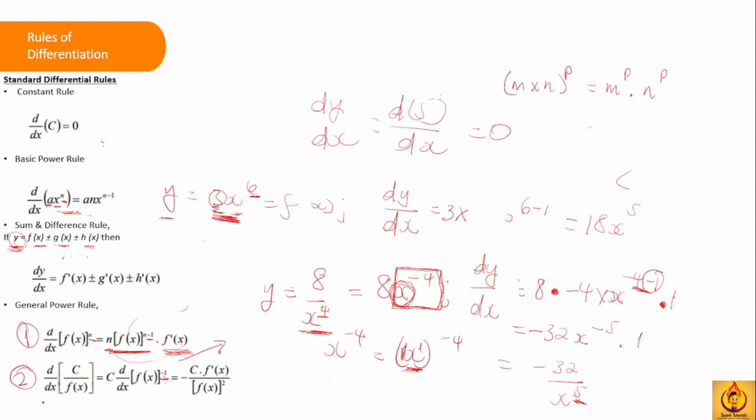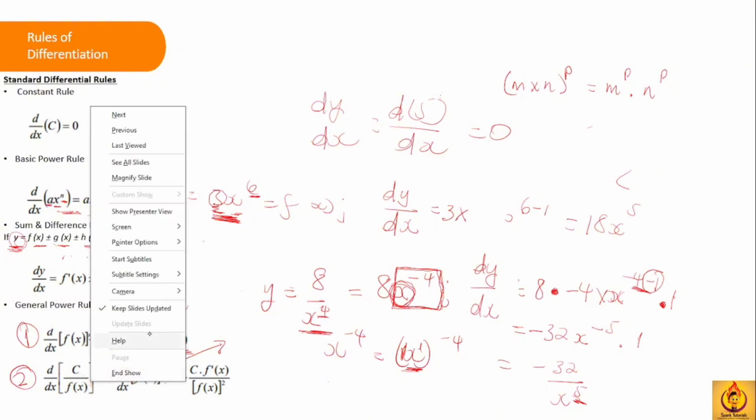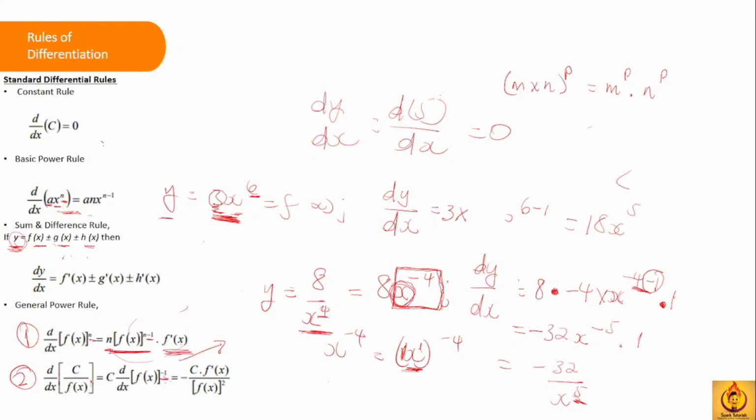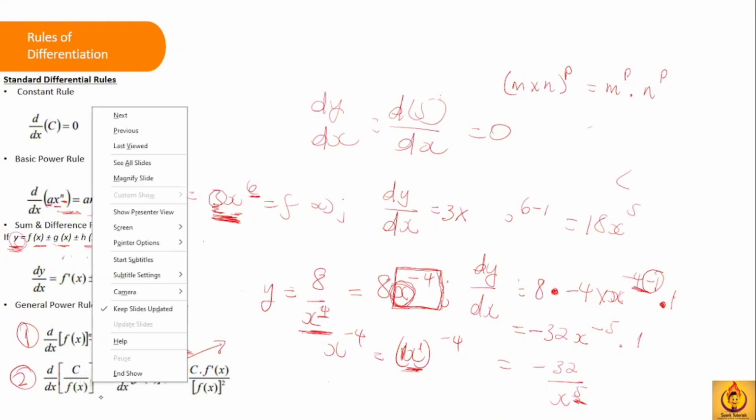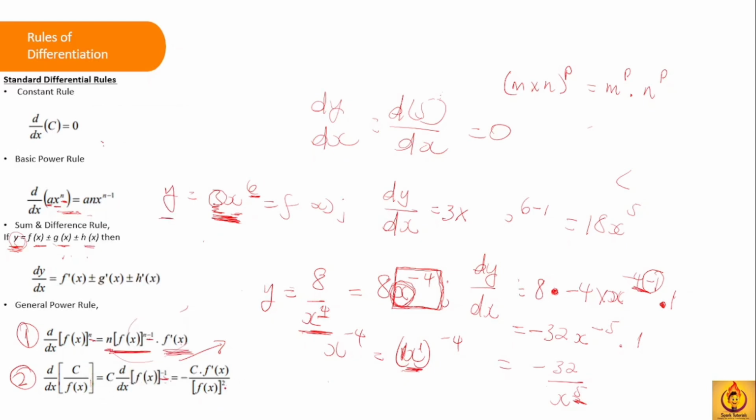In our example, our function f of x was powered by 1, even though you don't see it there, there's a 1 that we don't write. And now its derivative has a 2, which is 1 plus 1.